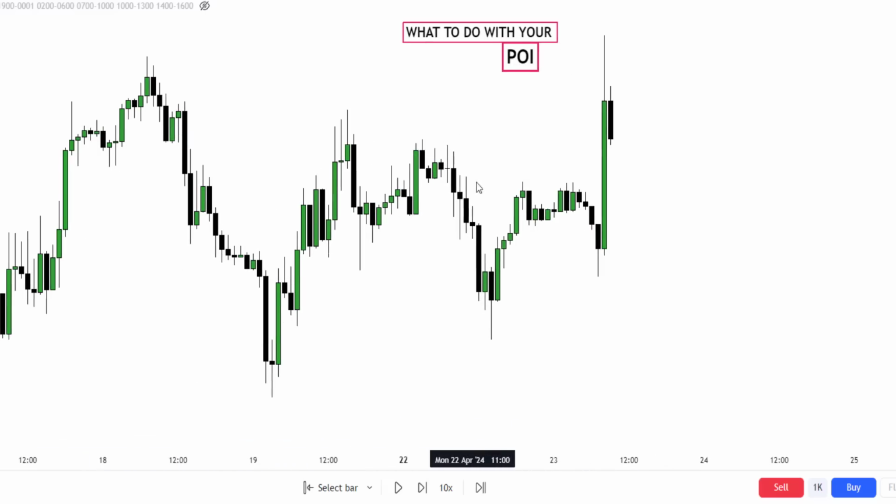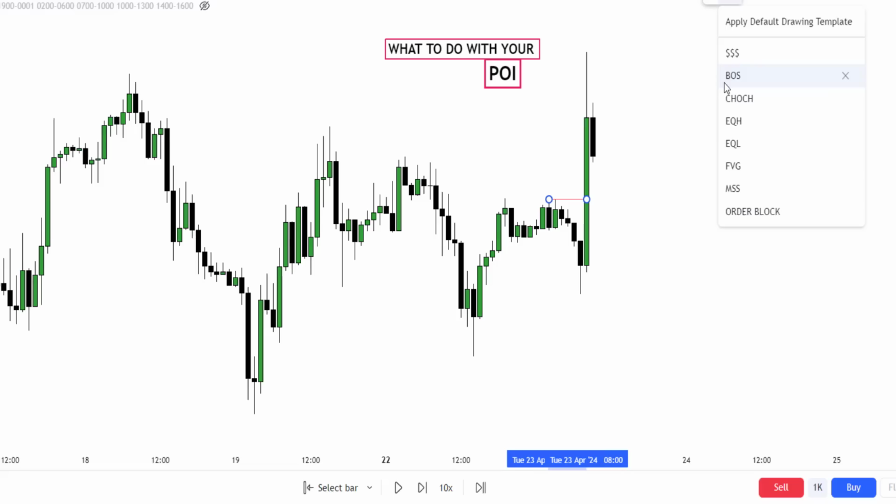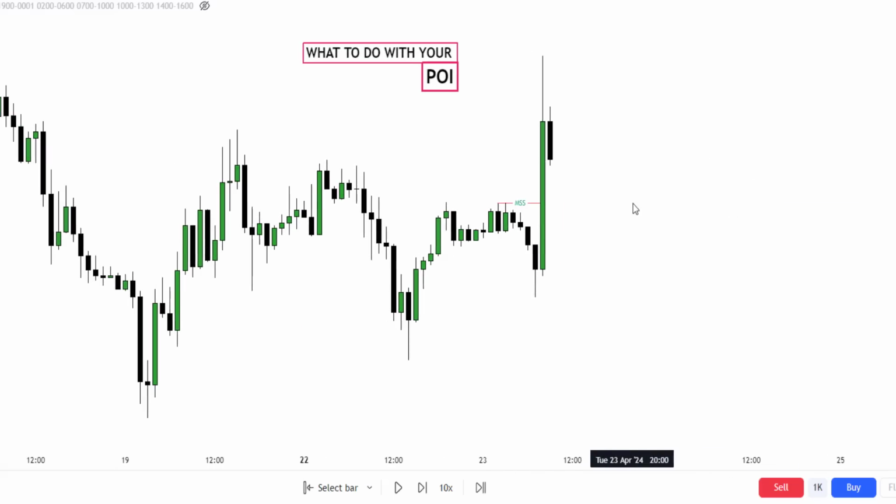This is a shifting market structure here. I don't want you to complicate anything about trade. Make sure everything you're doing is so simplified that even a child can understand. So this is it. Price has shifted structure, leaving you with this thing.